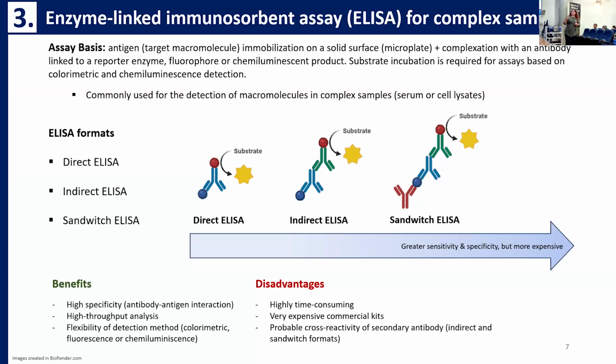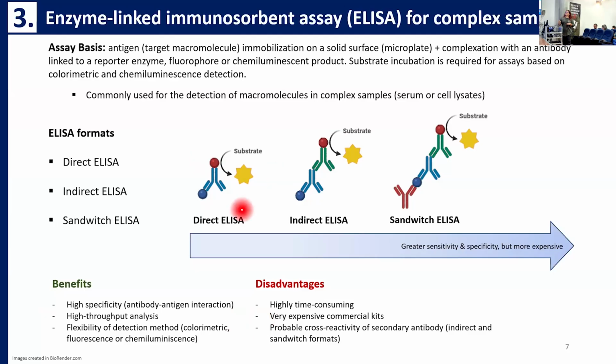There are different formats of ELISA: the direct ELISA, indirect ELISA, and sandwich ELISA. All of them are based on the same assay basis, but the difference is the number of antibodies that we have in the commercial kit.